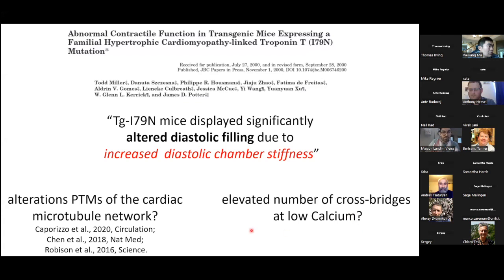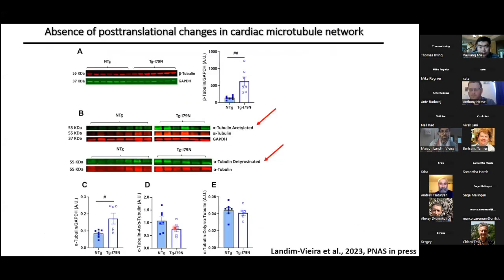So here I put three citations of previous studies that showed the importance of post-translational modifications in the cardiac microtubule network on cardiac muscle contractility and stiffness, and that's especially the detyrosination of the alpha-tubulin C-terminal domain. So we tested if the greater stiffness observed in the I79N myocardium could be due to alterations in post-translational modification in the microtubule network of the heart.